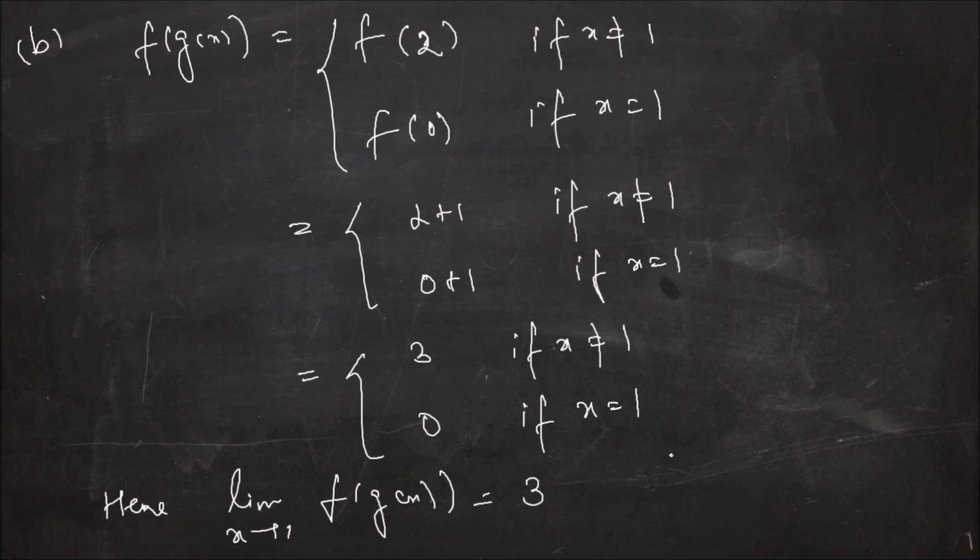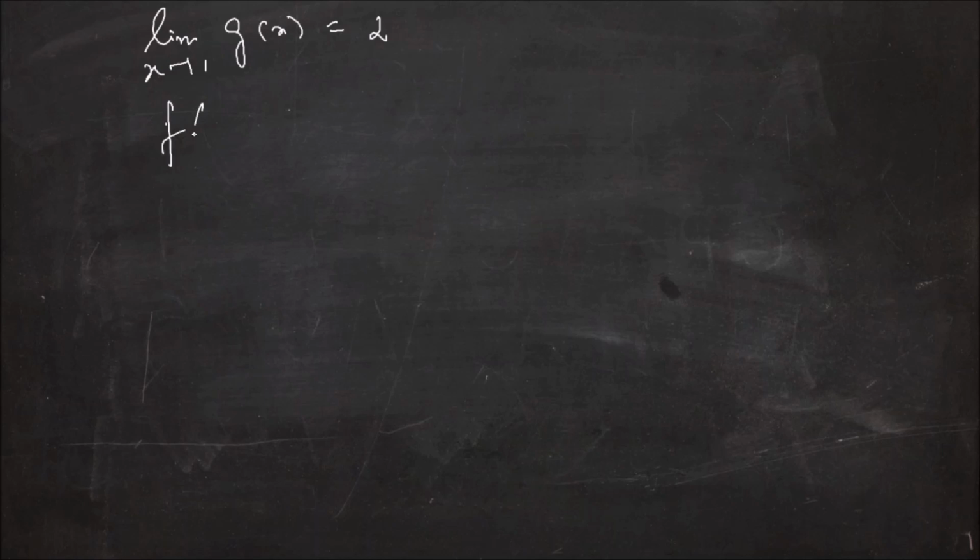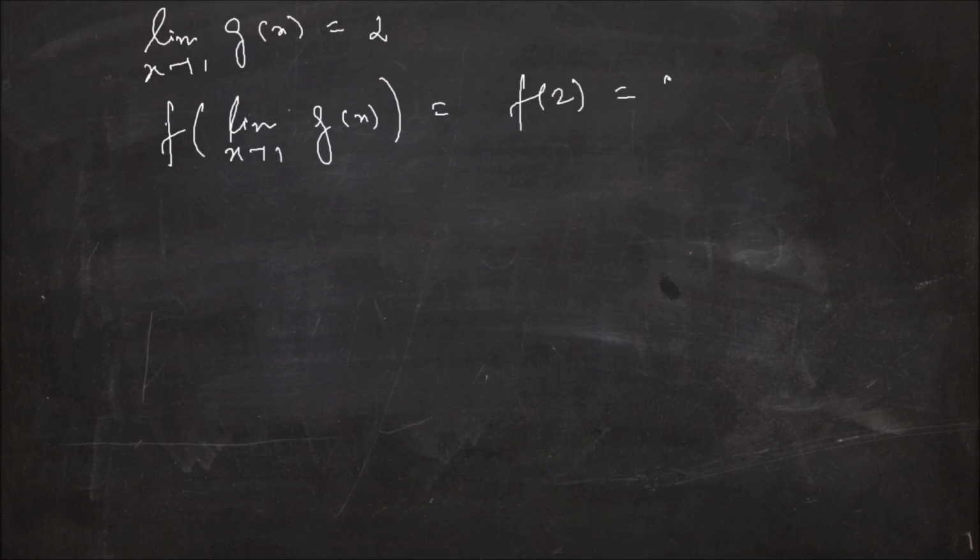Now let us find the limit as x tends to 1 of g(x), and then we will find f of the limit as x tends to 1 of g(x). The limit as x tends to 1 of g(x) is equal to 2. So f of the limit as x tends to 1 of g(x) is equal to f(2), which is 2 plus 1, that is 3.